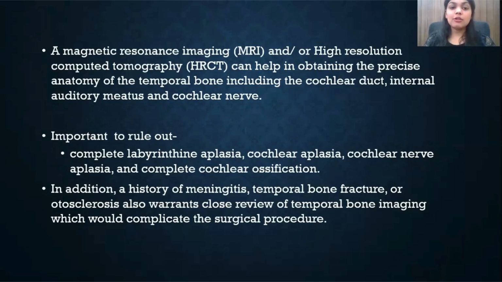And it is also important to rule out a complete labyrinthine aplasia or a cochlear aplasia, cochlear nerve aplasia, or any cochlear ossification. Also, a history of meningitis, temporal bone fracture, otosclerosis, etc., can warrant a closer review of the temporal bone imaging. So, in case of any such disorders, it can complicate the surgical procedure or the implantation. So, in such cases, further imaging will be required.